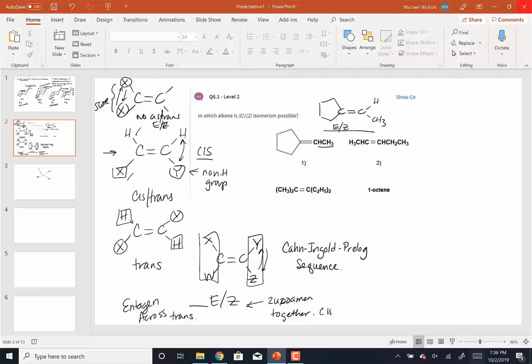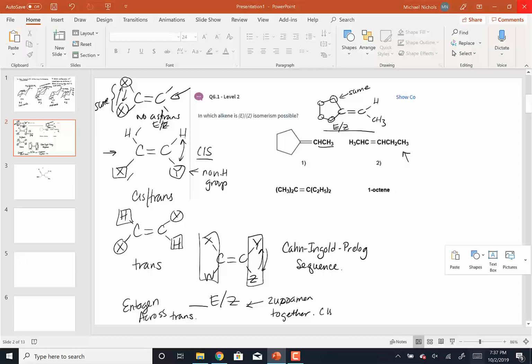The answer is no, because the two groups attached to this carbon, which would interchange, are the same. So it's like this situation over here: no cis or trans isomerism, or EZ isomerism.